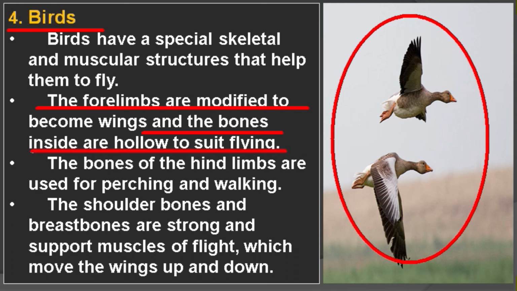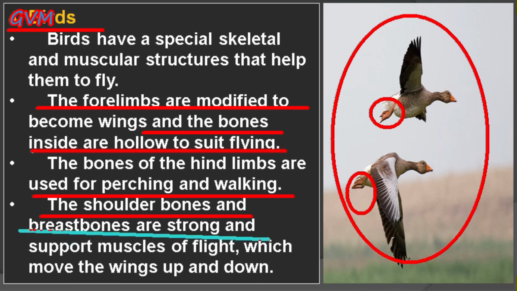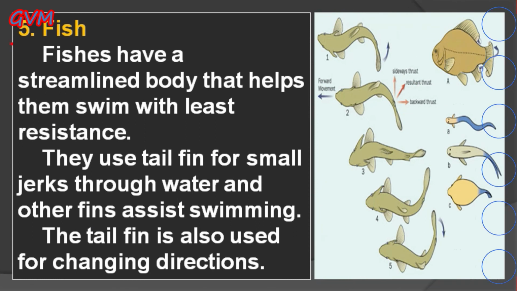And students, the bones of the birds are hollow from inside, and due to this they can easily fly. And students, the hind limbs of the birds help them for perching and walking, and the shoulder bones and the breastbones of the birds are so strong and supportive that they help them to fly and move the wings up and down.